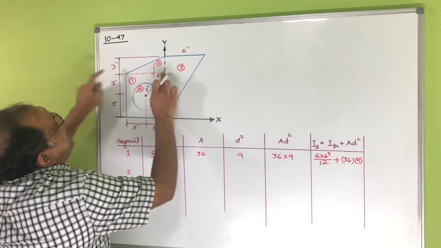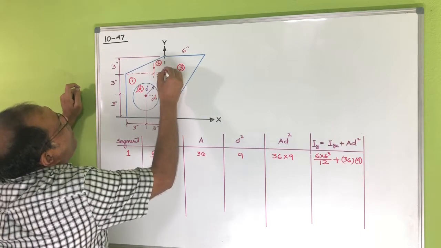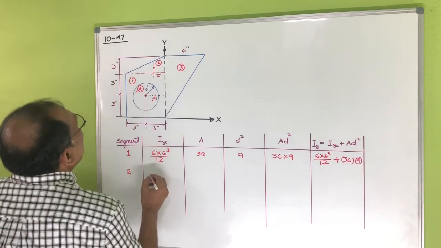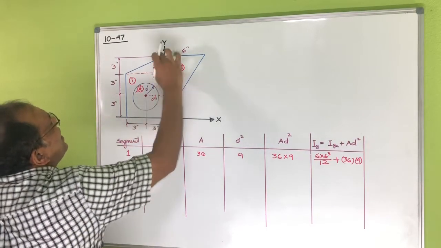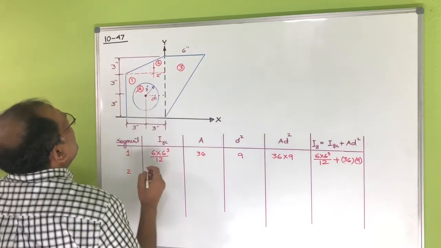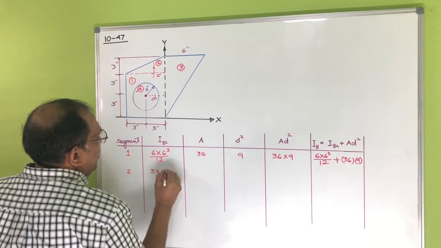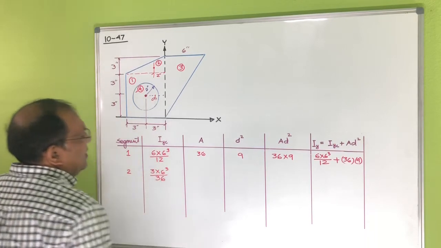Total is 6. So the centroidal axis of this one from the y-axis is 2 inch. And what's the moment of inertia? That would be 3 into 6 cubed divided by 36, because this is a triangle.